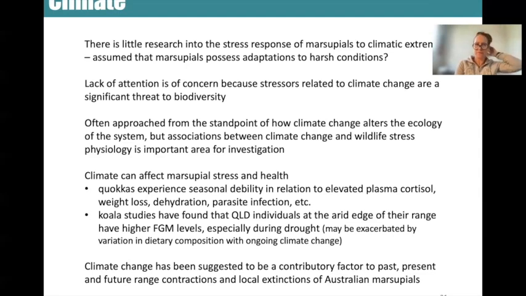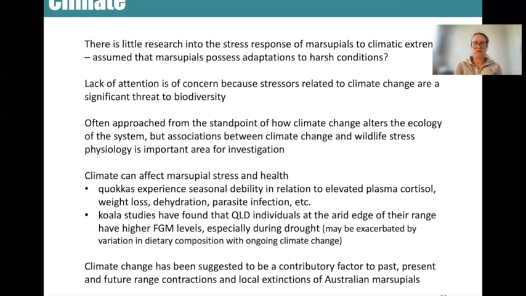So climate can affect marsupial stress and health. It's known that quokkas experience seasonal debility in relation to elevated cortisol levels, and at these times they will have reduced body mass, they will be dehydrated, and their parasite infection loads can be higher.